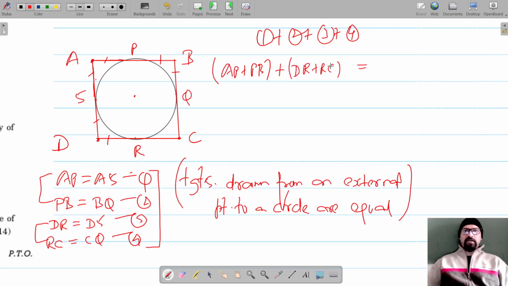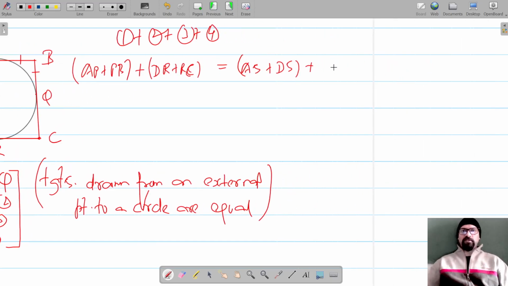So I have added all the sides on the left hand side, and onto the right hand side I'm going to club AS with DS. So this is AS plus DS plus, and the left ones are BQ plus CQ. So I have clubbed this.